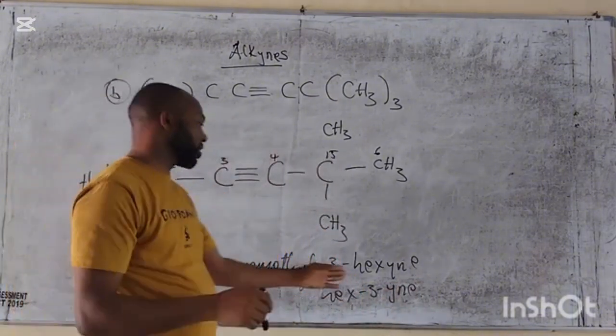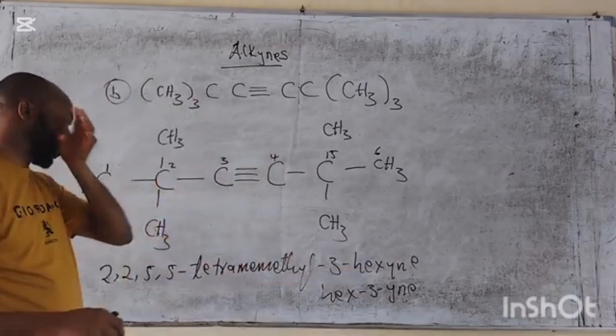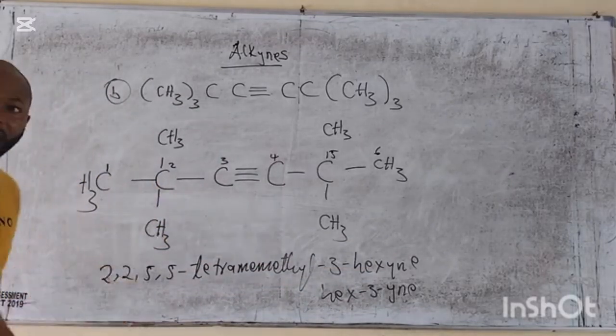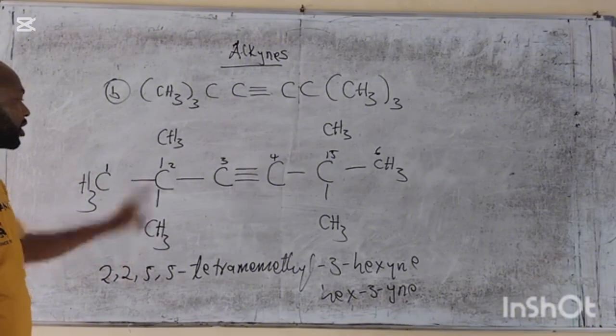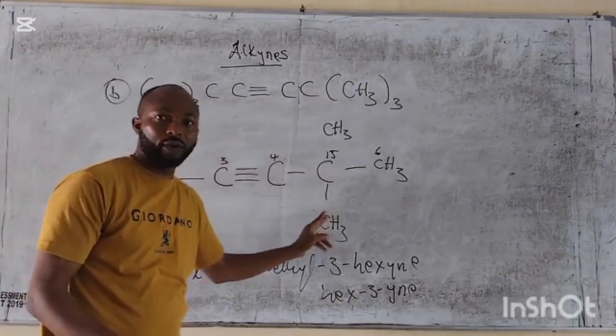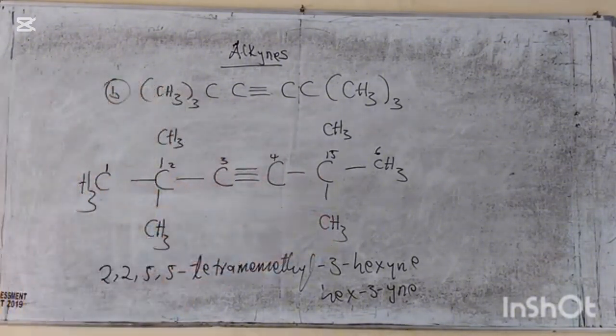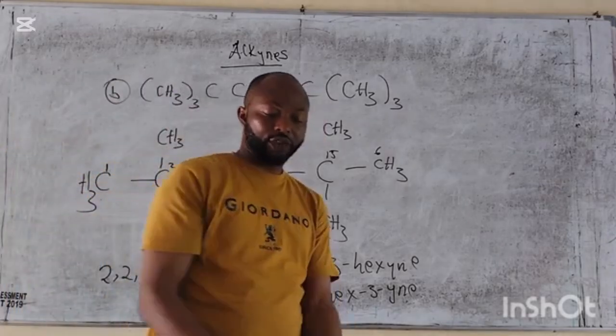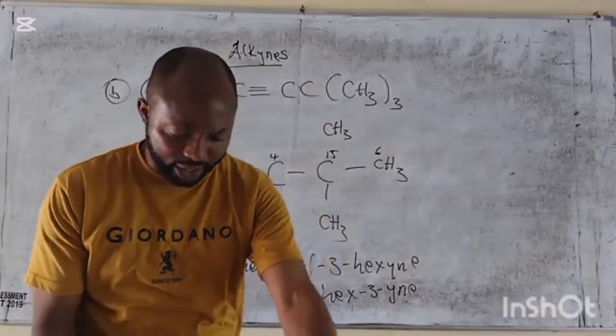You call it 3-hexyne or hex-3-yne when you get to that position. So it is tetramethyl because we have 4 methyls: 1, 2, 3, 4. So take note of that. It is very important. You can see structures like this and you'll be required to name them, and you should do justice in naming them outrightly.